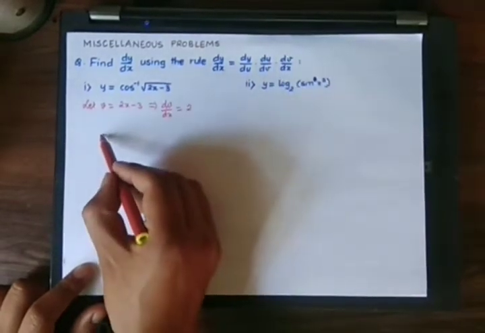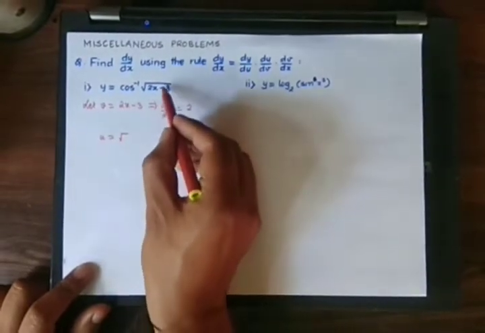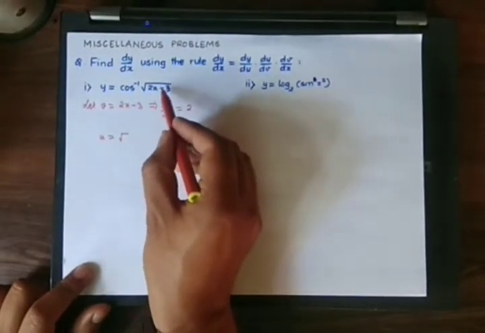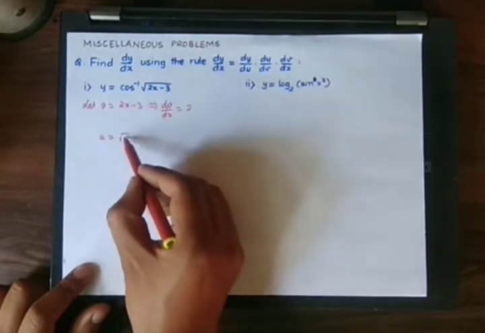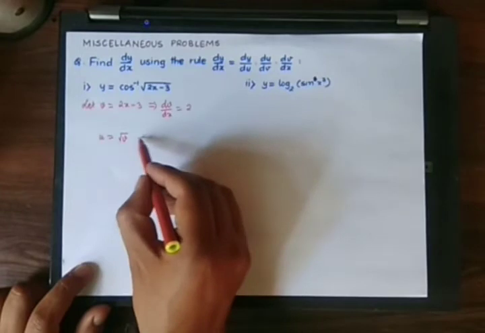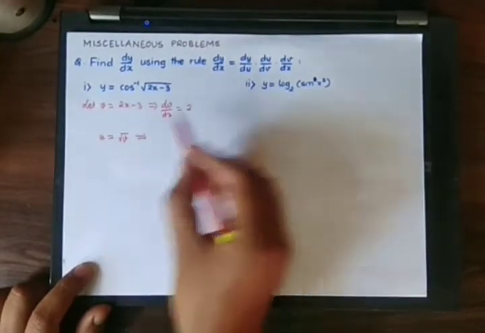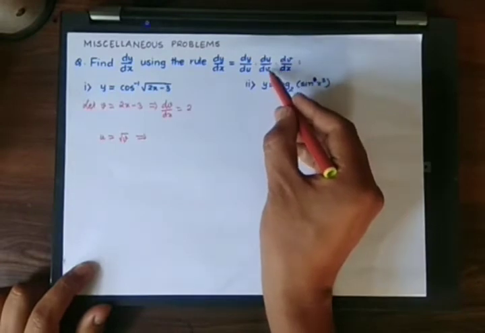So this root over function will be my next function, that is u. So I'm going to take u to be root over. Now I cannot write 2x minus 3 because 2x minus 3 is equal to v. So that's why I'm taking u to be root over v. Now we need to find the differentiation of u with respect to v.